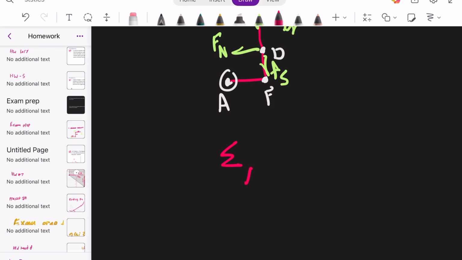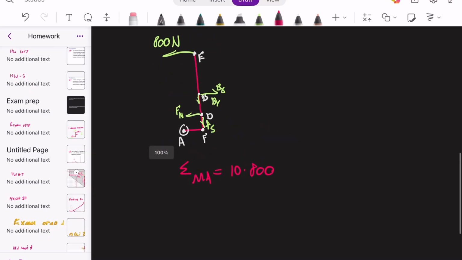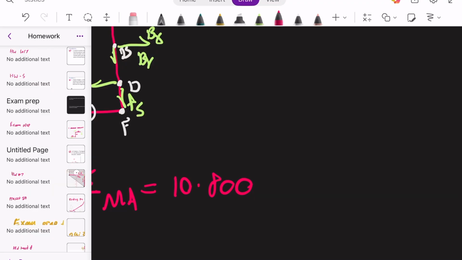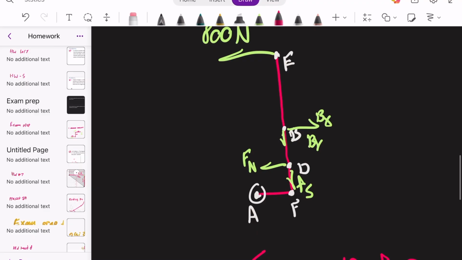The sum of moments about A is going to be equal to 10 times 800 for that big counterclockwise force on top, and then it's going to be minus, let's remember that this whole thing is 10. This is 6 right here, and then these both are 2 because FB bisects our circle.